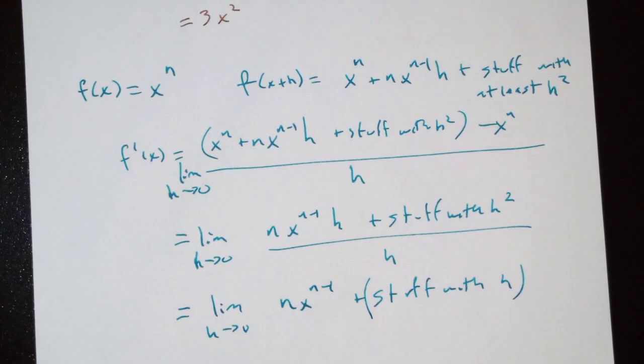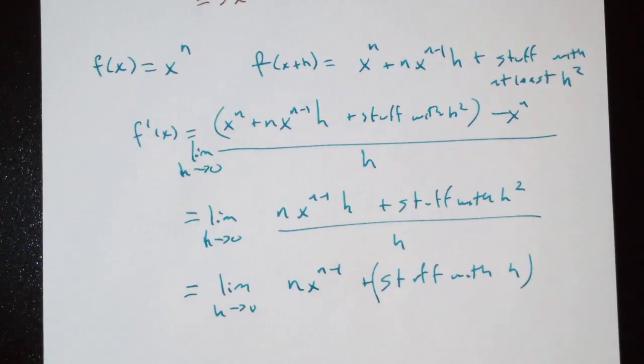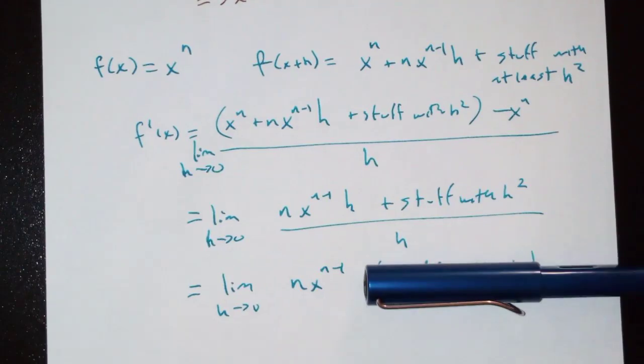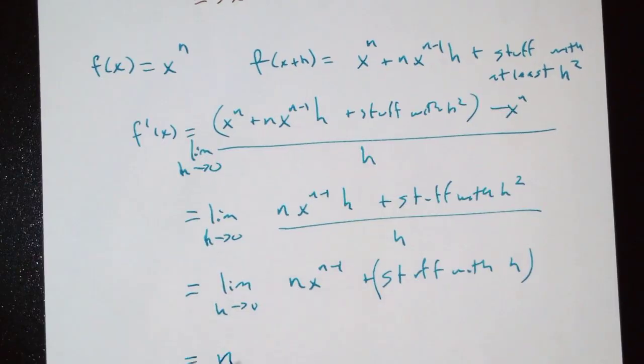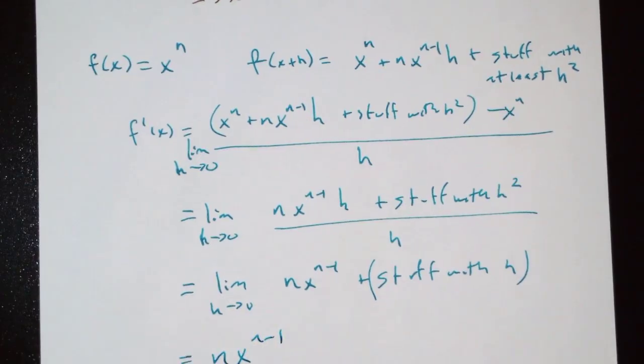When h goes to 0, all the stuff inside the parentheses is multiplied by 0. Which means when I take this limit, all of this goes away. And the only thing that survives is n x to the n minus 1. For any power of n.